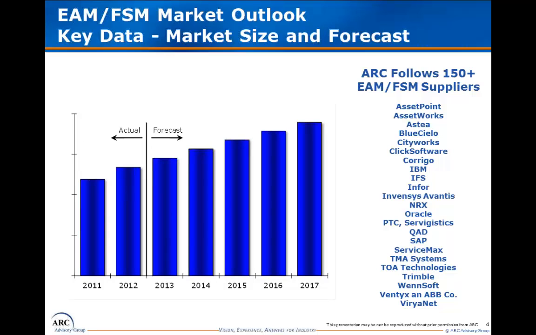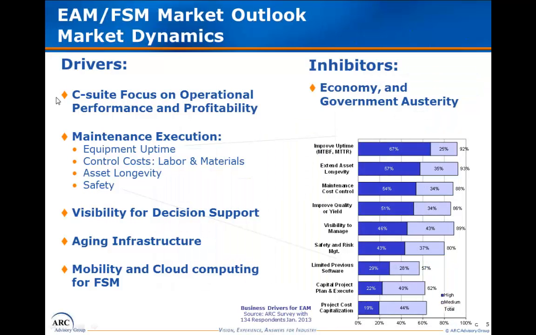We're forecasting very robust growth going forward, 7.2% annual growth. The market has fully recovered from the recession and is larger than it was just prior to the economic issues that we've experienced recently. Now, in terms of market outlook, the market dynamics, the drivers and inhibitors, since the recession, since it's hard to grow top-line growth, we're seeing the C-suite focus on operational performance to get to the profitability goals that they have.